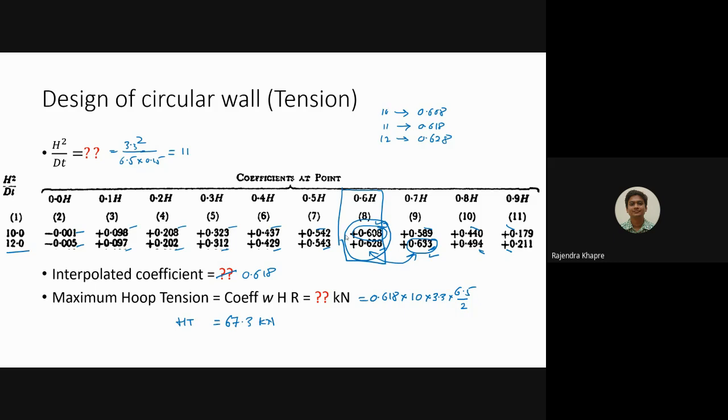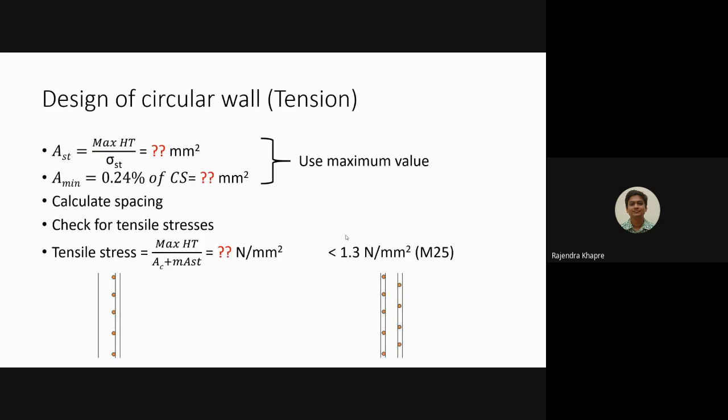For this purpose, we have already calculated the hoop tension. So for the maximum hoop tension, directly you can find the AST value over here. The hoop tension we have calculated is 67.3 kilonewtons, so that is 10 raised to power 3. Now this sigma st is the permissible stress in steel under direct tension.